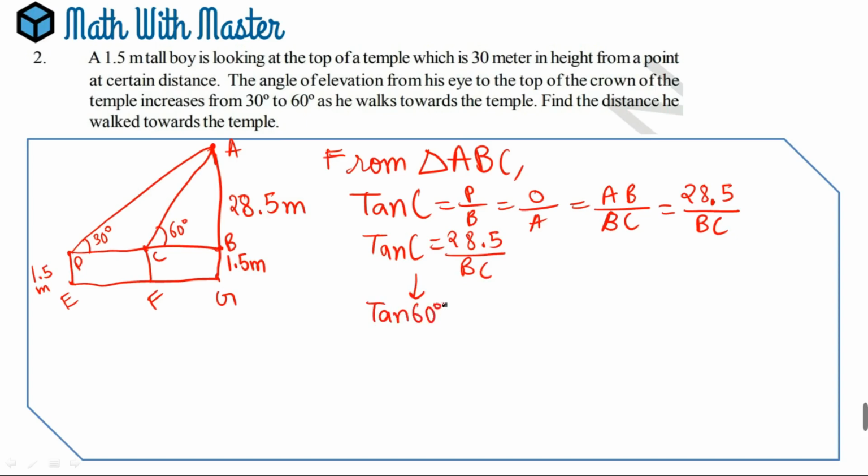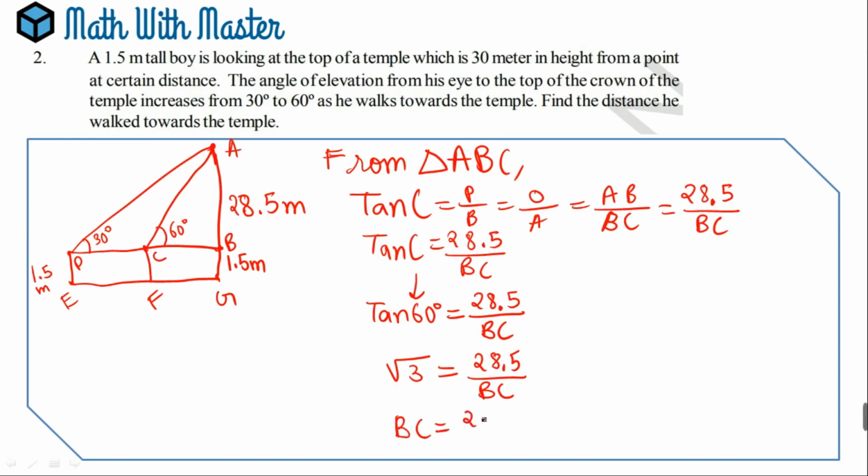So tan 60 degrees is equals to 28.5 upon BC, and the value of tan 60 degrees is root 3. So root 3 is equals to 28.5 upon BC, and now the value of BC is equals to 28.5 upon root 3. This is the actual value of BC now.